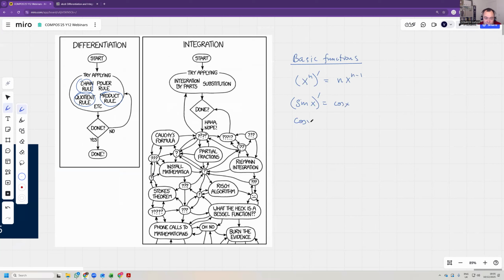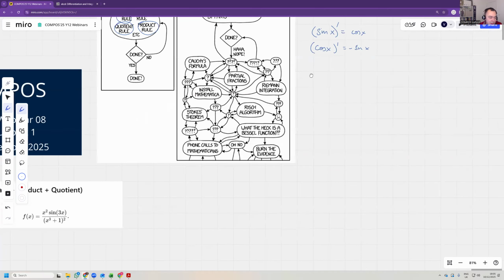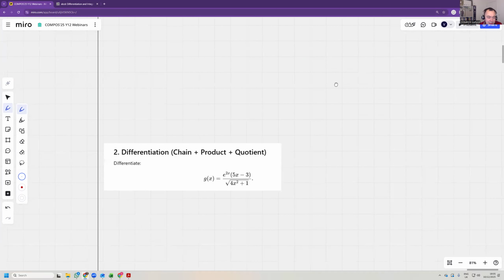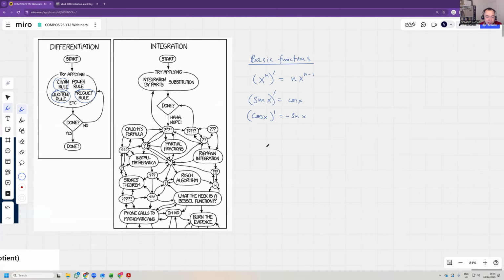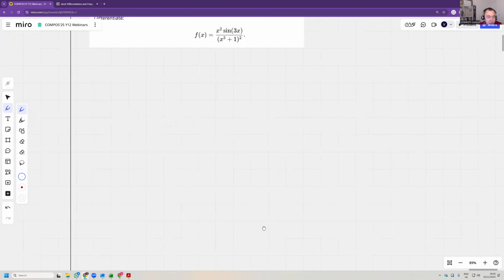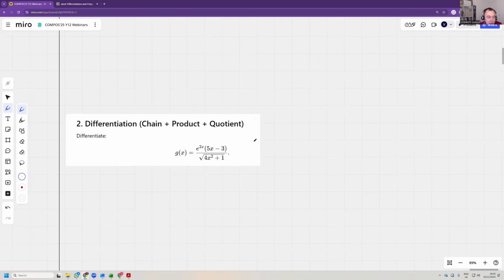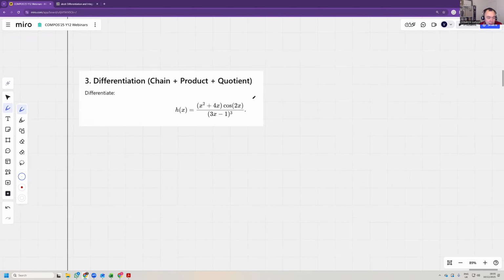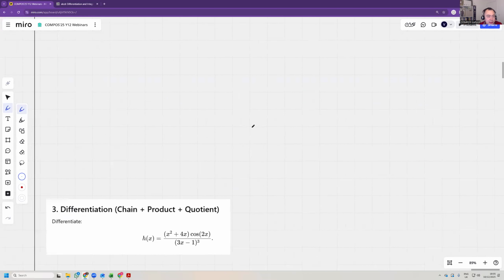The derivative of cos x is minus sine x. What else do we need? E to the power x. The derivative of e to the power x is e to the power x. And do we need anything else today? Not really. Cos, sine, yes.